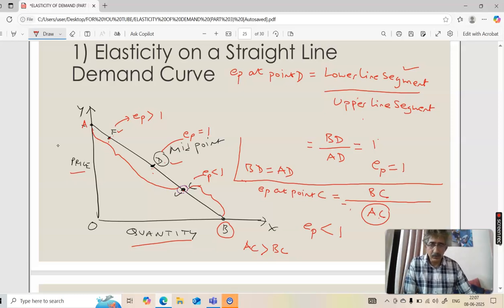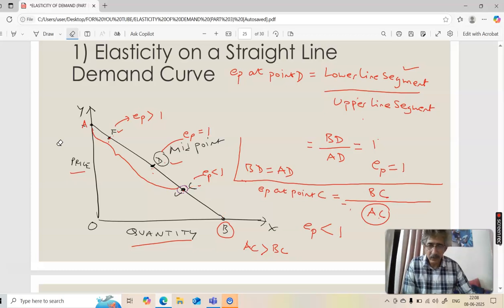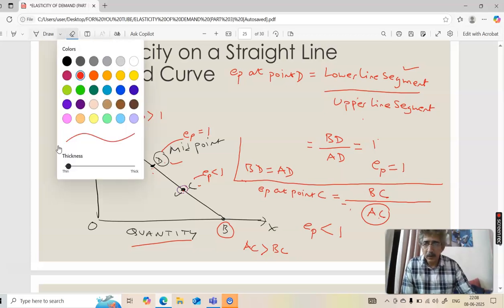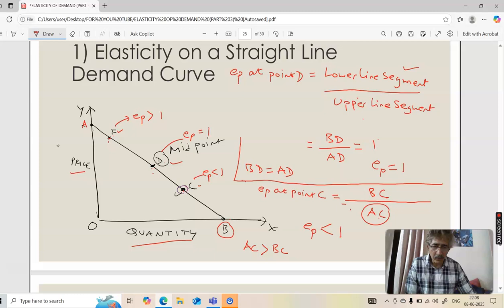Now let's talk about point B. I'll erase the previous one so that we can focus here only. Now, what's happening at point B? At point B, if I need to calculate, take a screenshot of this. I'm erasing the entire thing.